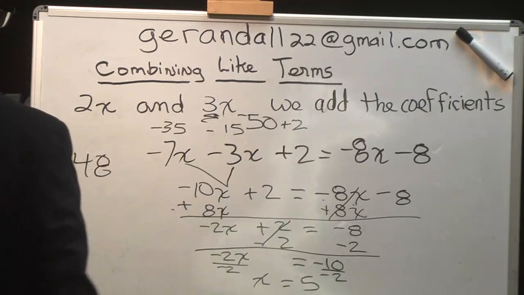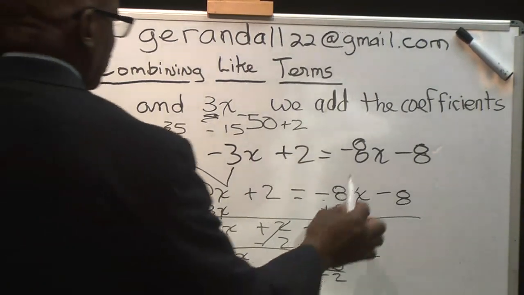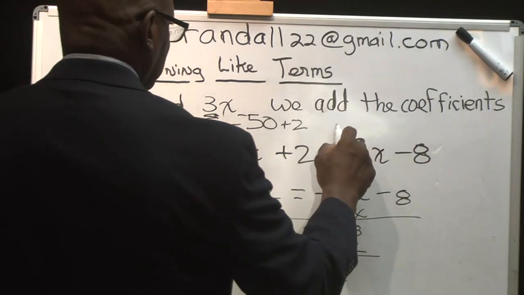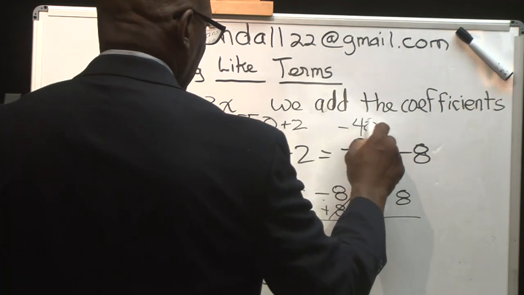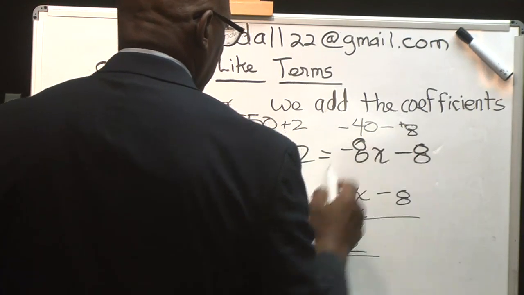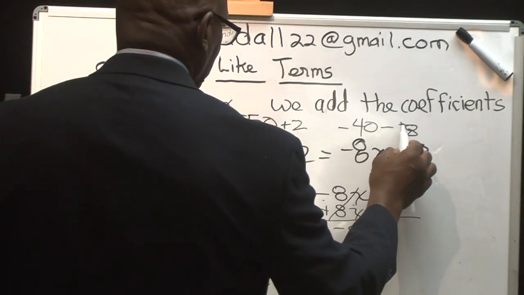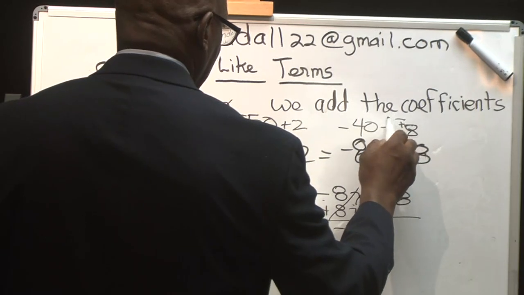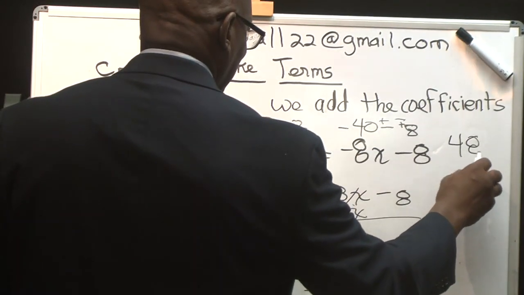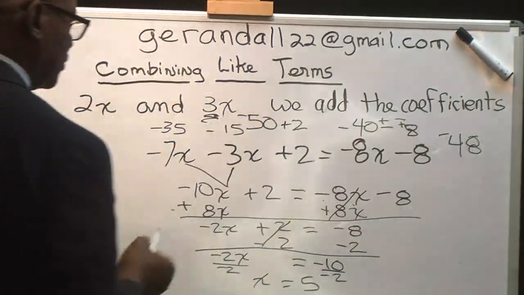That's the left side. Now we have 5 times negative 8, which is a negative 40. Subtract a positive 8. When you subtract, you change the sign to a negative 8 and add it. Negative 48 equals negative 48.